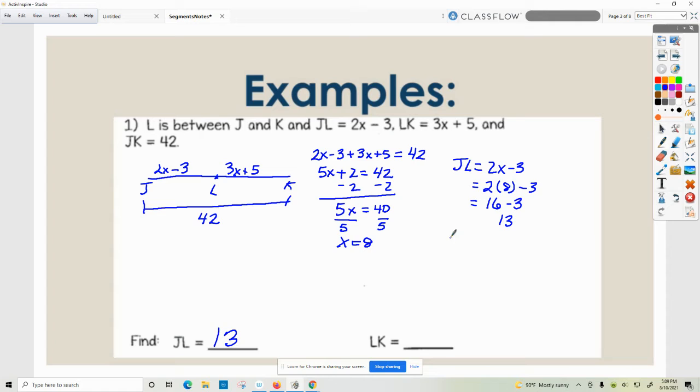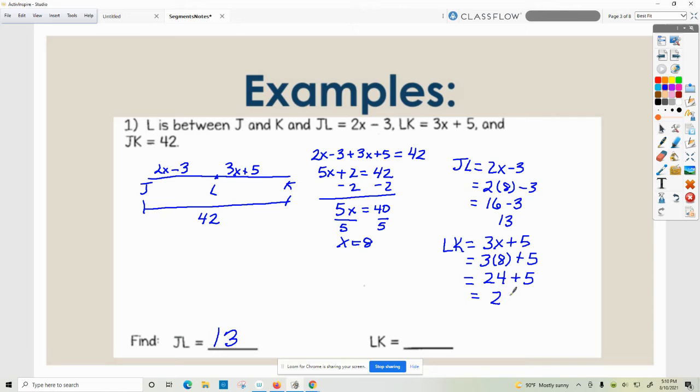Then I'm going to do L to K, which was my 3x plus 5. So this is 3 times 8 plus 5, just replacing that x with the value of 8. 3 times 8 is 24 plus 5.